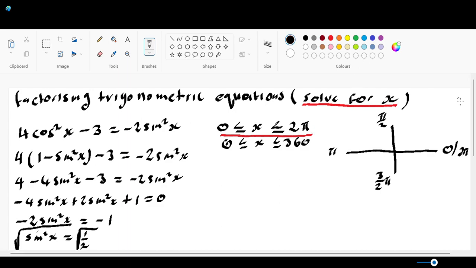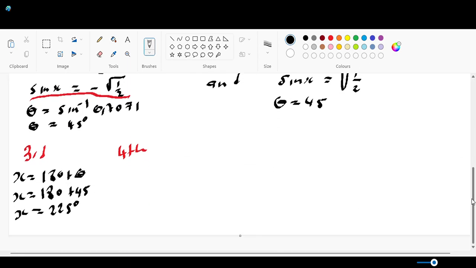So our answer should be in radians. How do we convert from degrees to radians? You multiply your answer by pi over 180, so your answer now is going to be in radians.